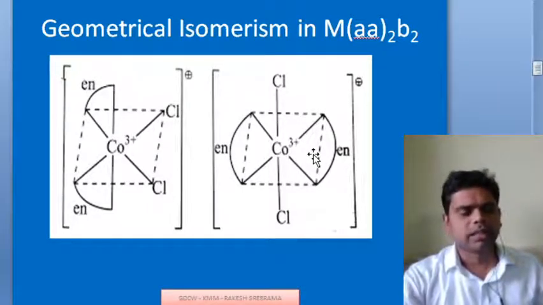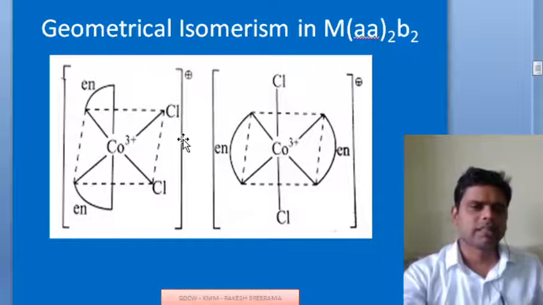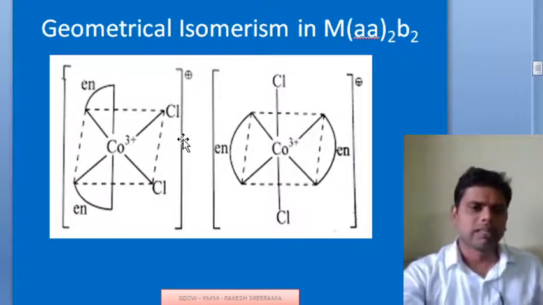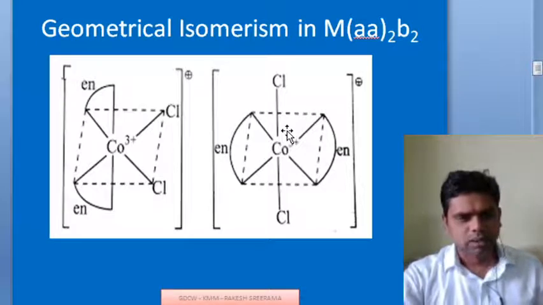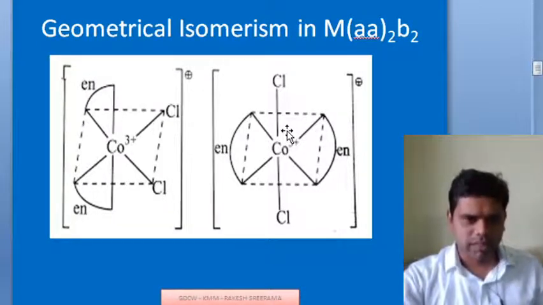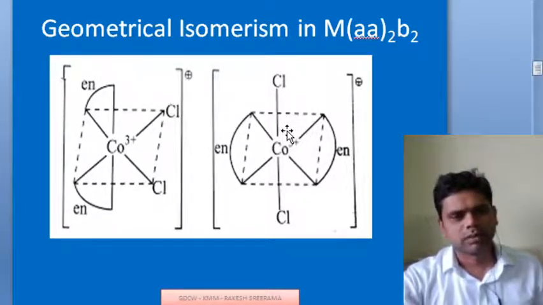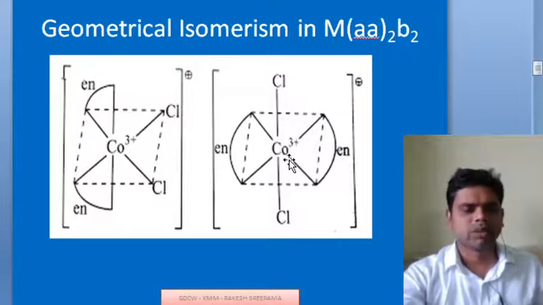Or alternatively, even by looking at chlorides, you can say that here the two chlorides are at 90 degrees separation, and in the second structure the two chlorides are at 180 degrees separation. When the two chlorides are at 180 degrees separation, you can classify that structure as the trans isomer. So the first one is the cis isomer and the second one is what?